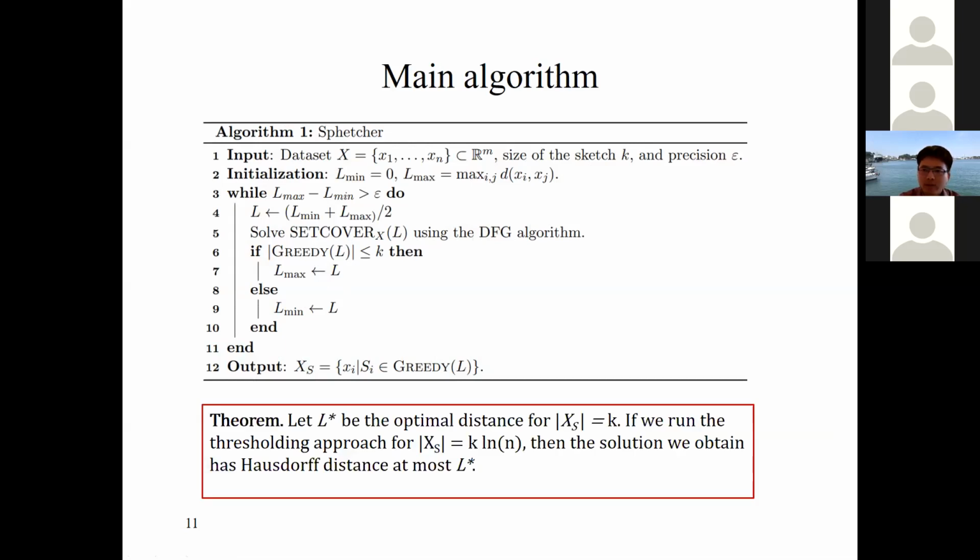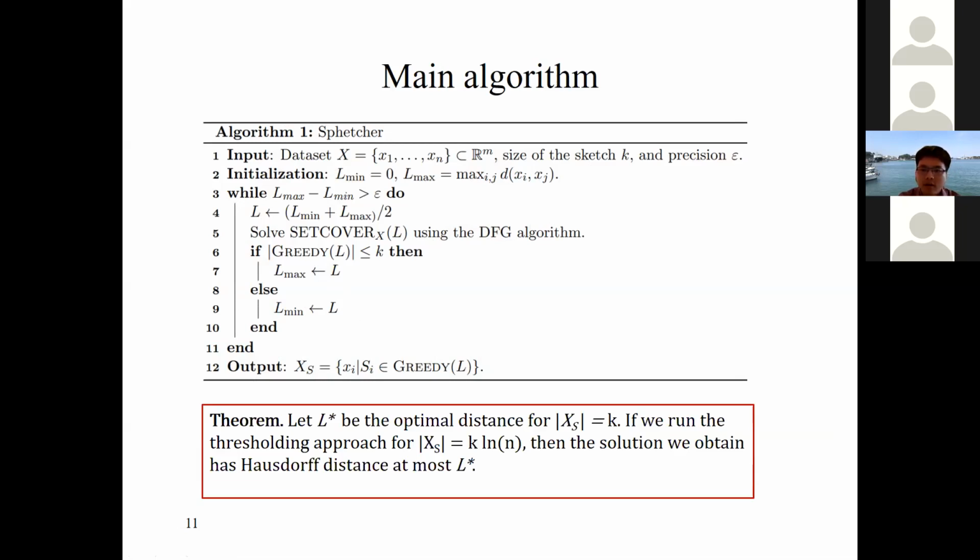And more importantly, we have a theoretical guarantee for our algorithm. We show that if we are willing to include slightly more cells in the sketch, then our algorithm will find a solution of the optimal radius.